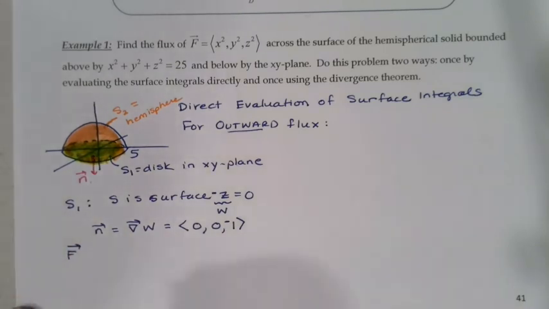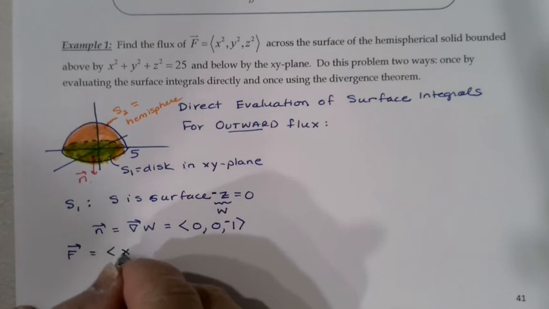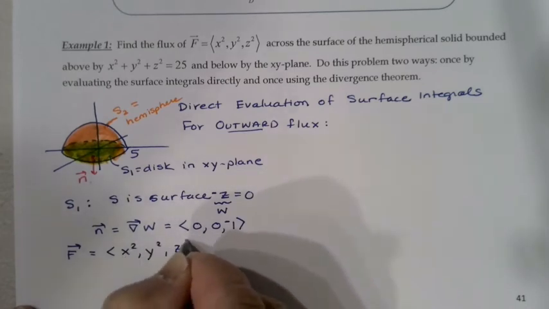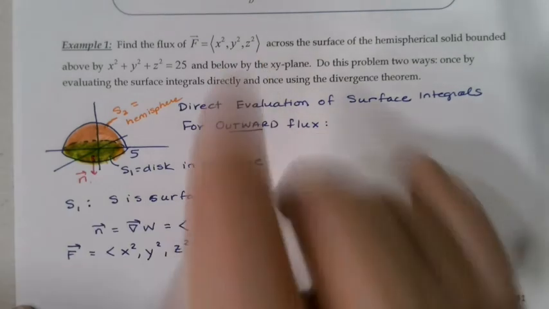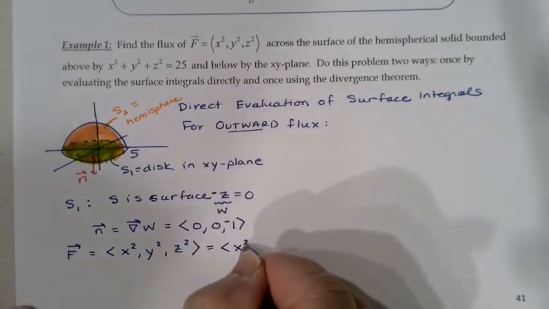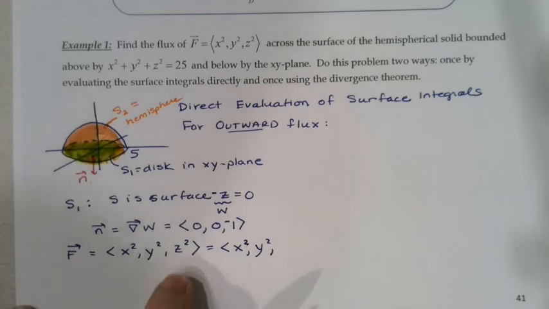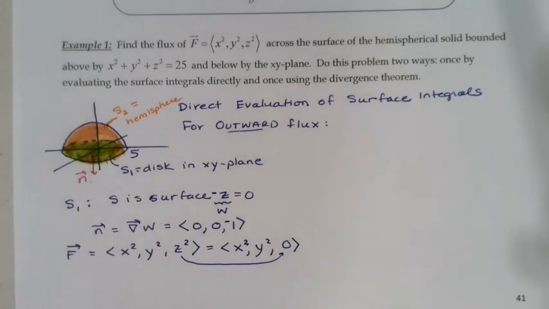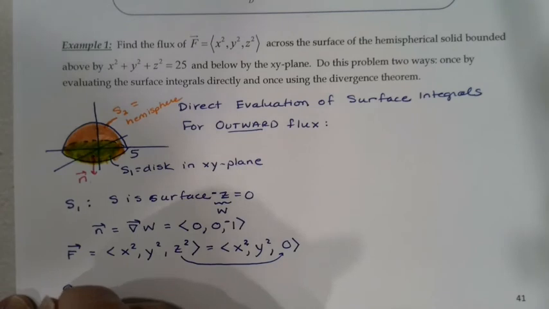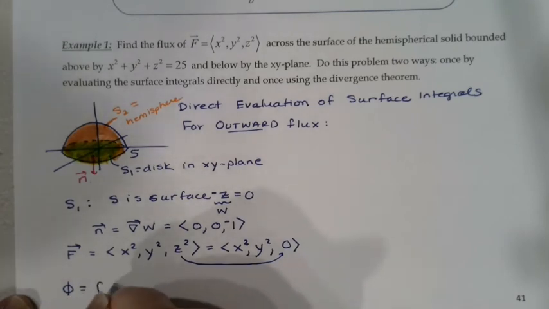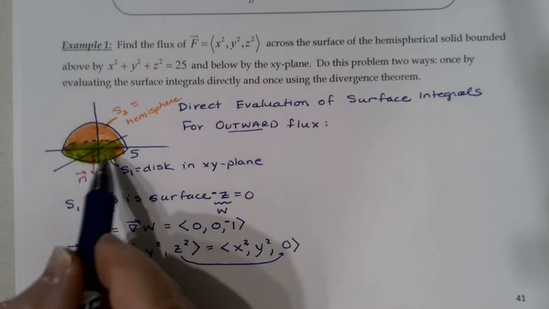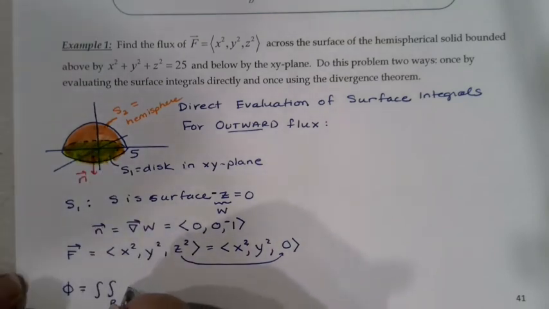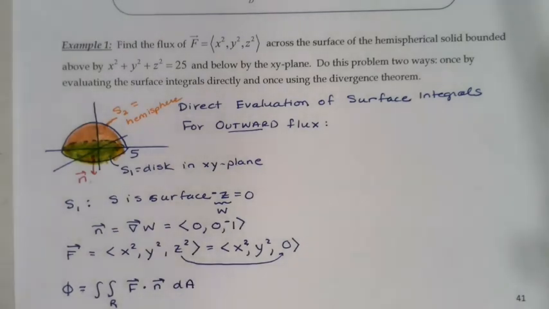All right, what about F? F was x squared, y squared, z squared, according to the problem. And again, this is going to be a double integral. So since the surface is z equals 0, z squared would be 0. My flux is the double integral over the region R, which is going to be that disk, of F dot n dA.